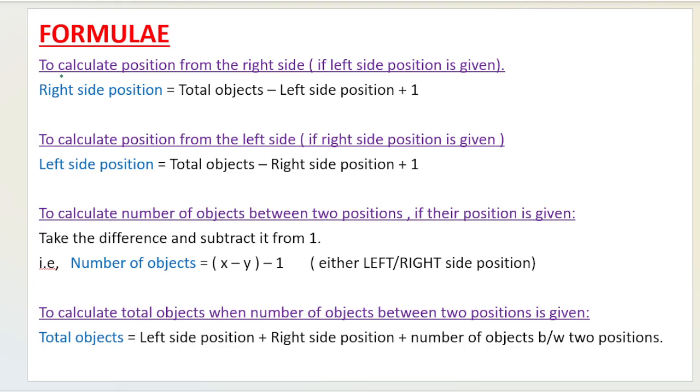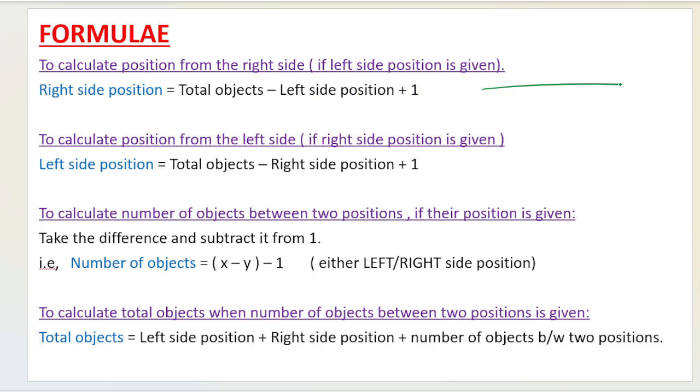The first formula is to calculate position from the right side. That is, if left side position is given, when they ask to calculate right side position, you need to know this formula. That is, right side position is equal to total objects minus left side position plus 1.